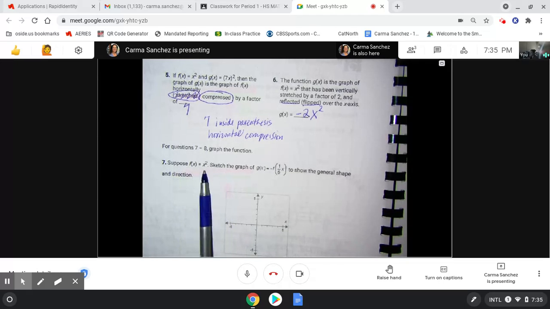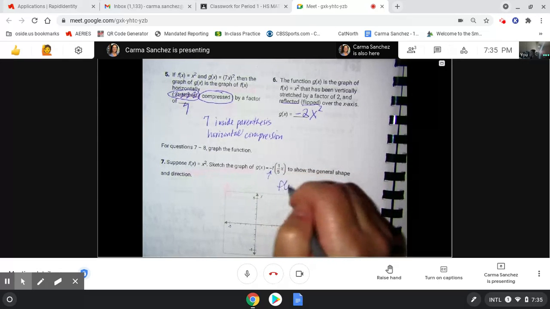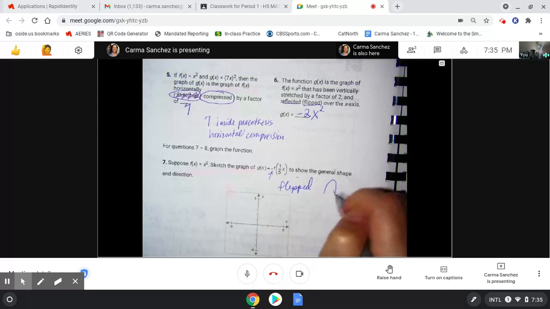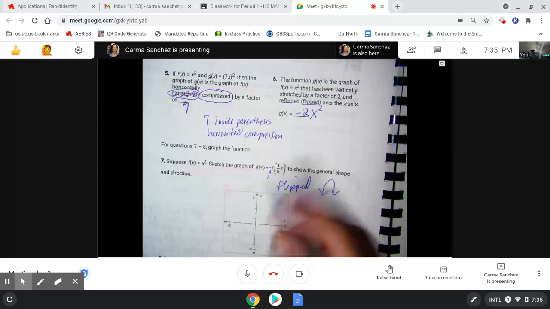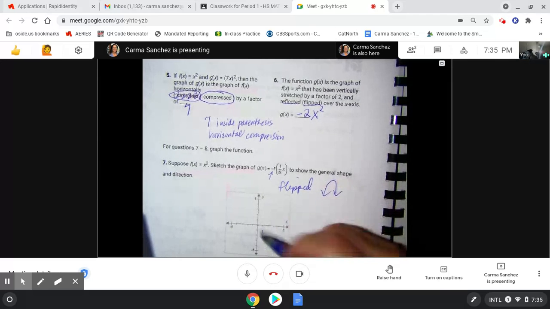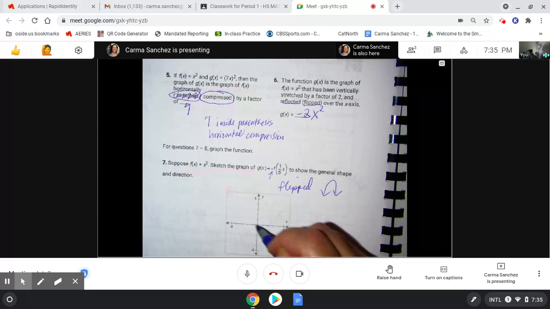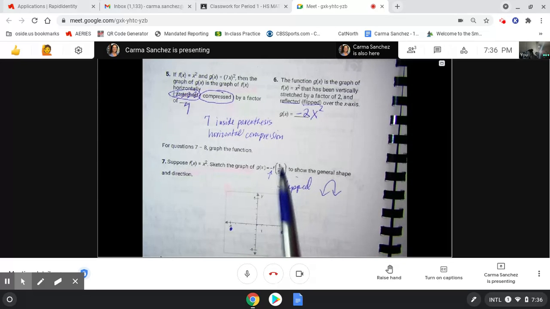All right, number 7. Suppose that f of x equals x squared. Sketch the graph of negative f of 1/5 x to show the general shape and direction. So for this one, we know that it's going to be flipped because of the negative. It's flipped so that its orientation is going to be downwards. And if it normally goes over 1 and down 1, this one is going to go over 5 and down 1, because it's got a 1/5 inside there.